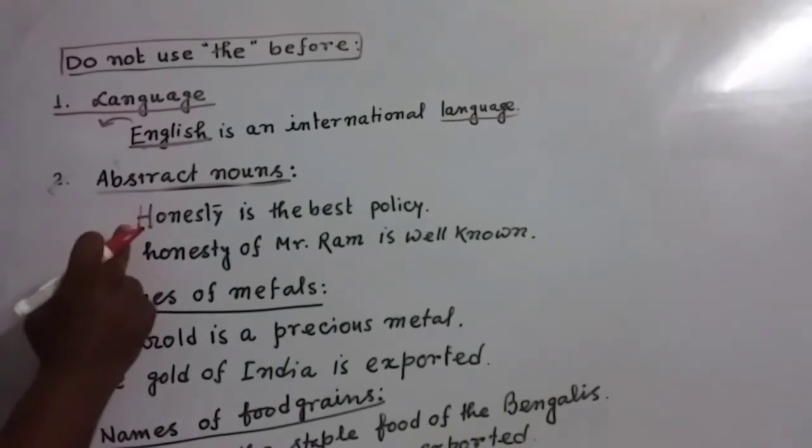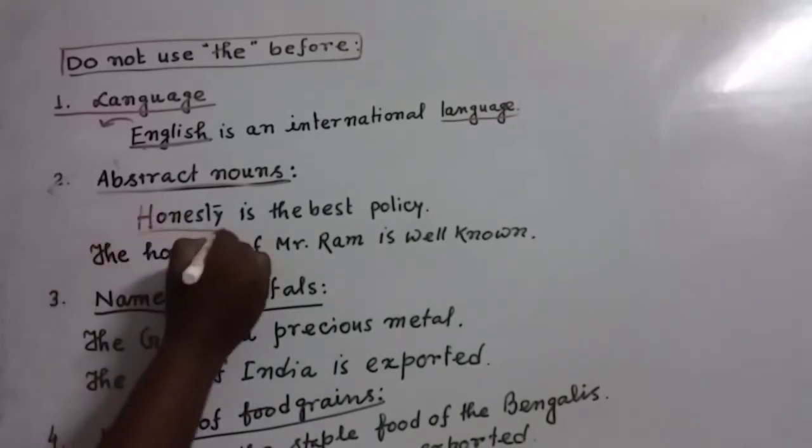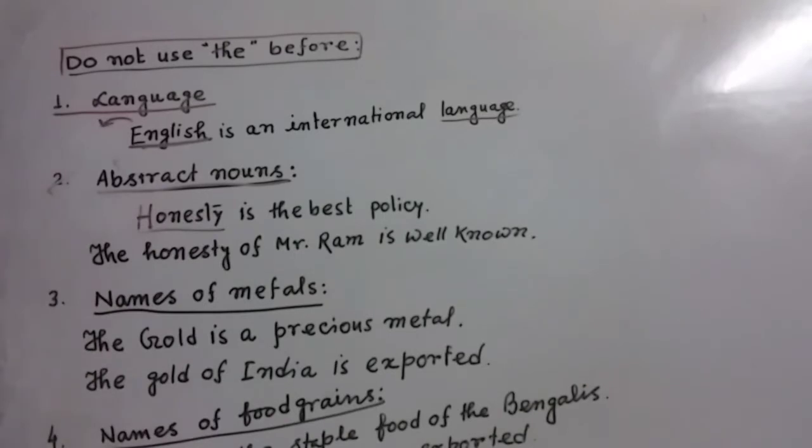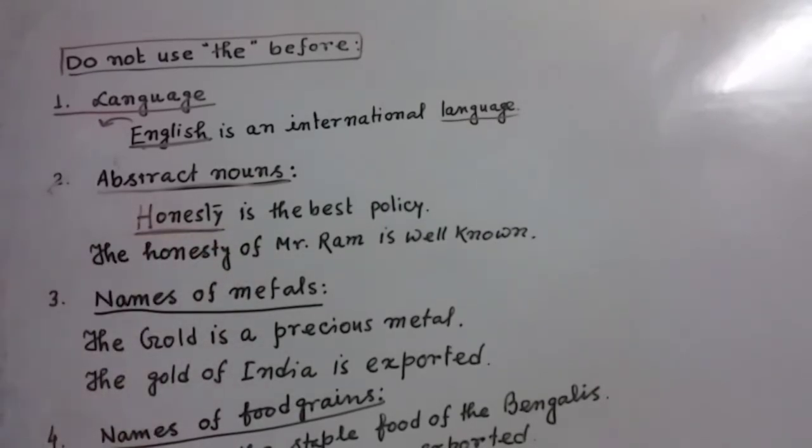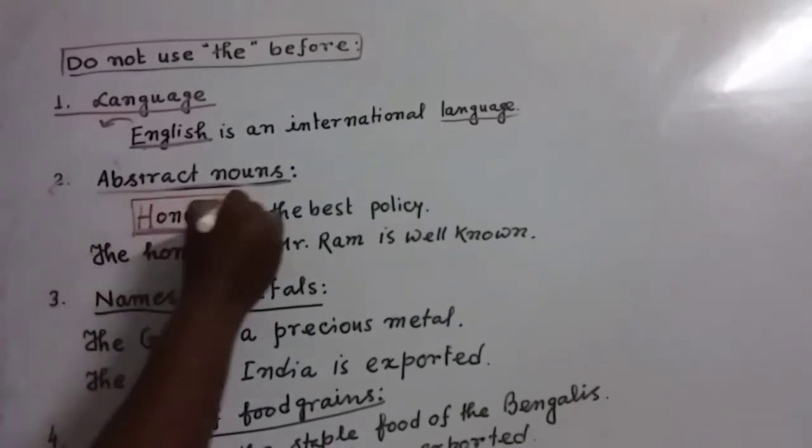Here it is an abstract noun, and with this abstract noun you can see there is no such name of any kind of place, no attachment of any kind of person or any kind of thing. That means this is not particularized.